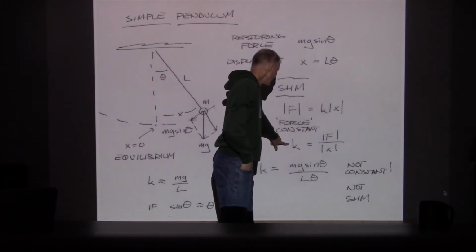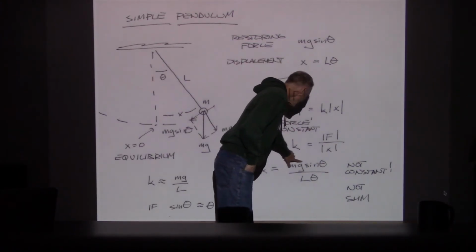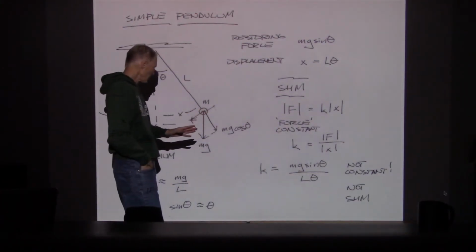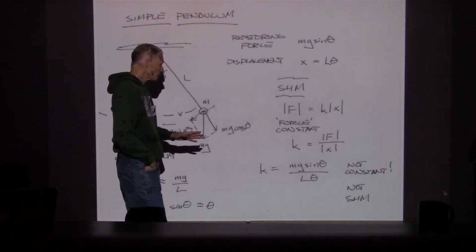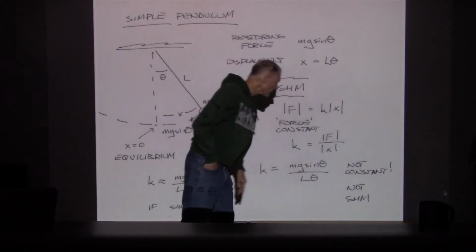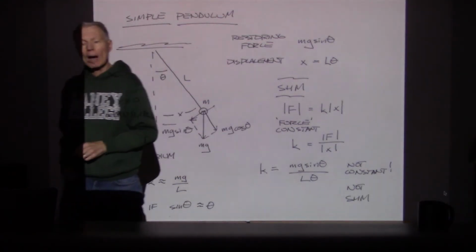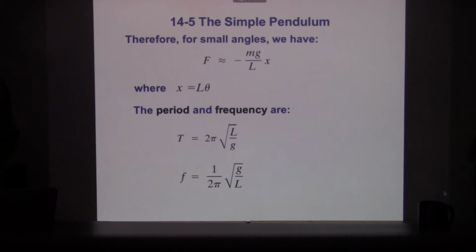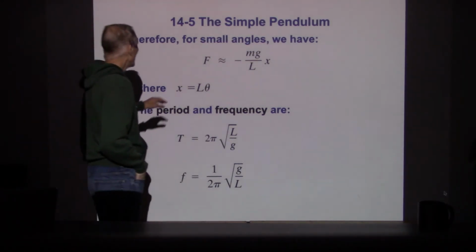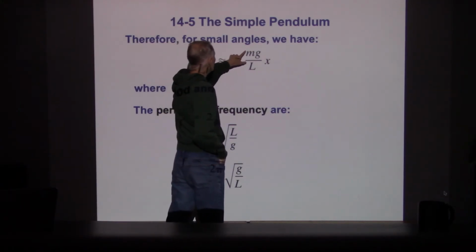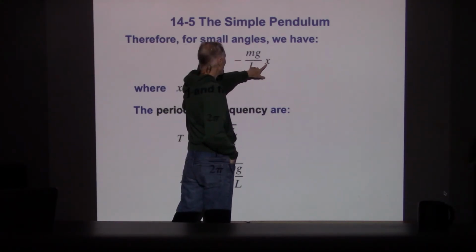So I'm going to define a K, a force constant, as mg sine theta over L theta, and for small angles, using a small angle approximation, I can take the sine theta and cancel them out. So in the limit of small angles, what that becomes is the force then becomes proportional to mg over L times x.